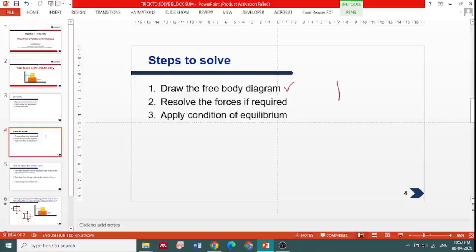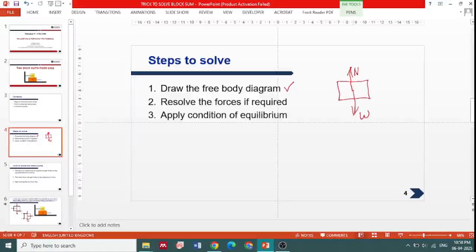If we have a block over here, then the weight of this block will be acting downward. Let us suppose that weight is W, and since this block is in equilibrium, an equal and opposite force will act upward, and that force we will call normal.